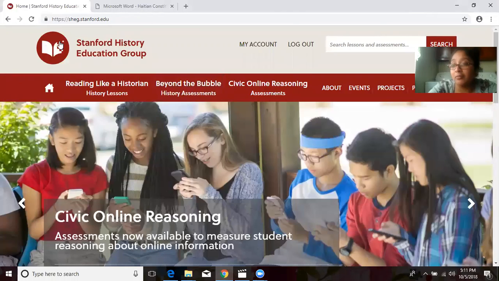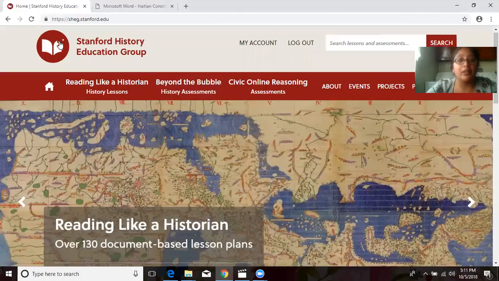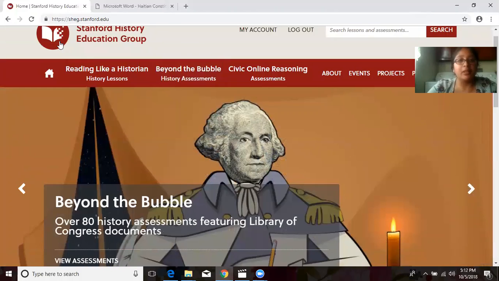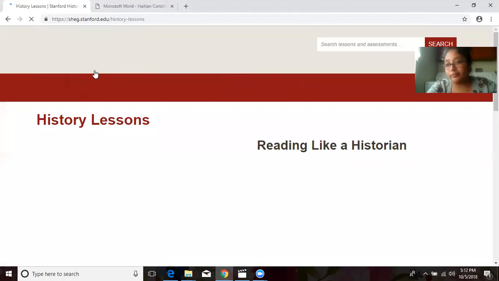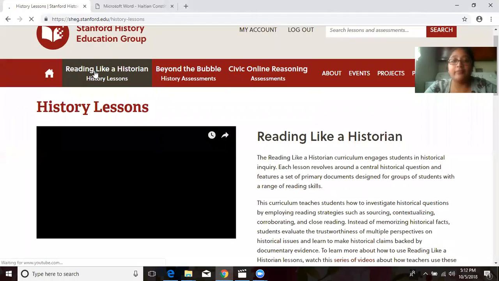And SHEG is really big on implementing reading-based history lessons. One of its main emphases is teaching students how to read like a historian, which makes sense. A lot of its lessons include primary sources, which is good.